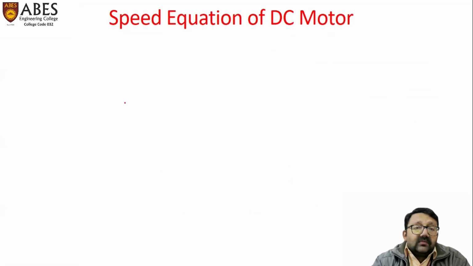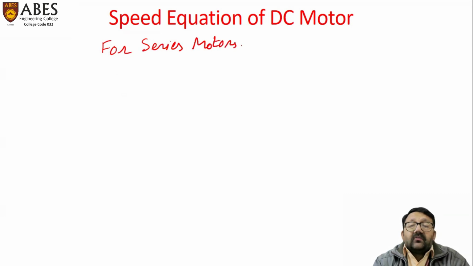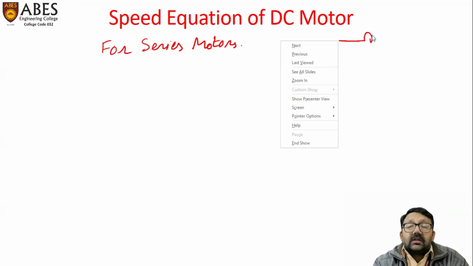Similarly, for series motors, first of all, let me again draw the line diagram of series motor. As we all know, in a series motor the field winding is connected in series with the armature.